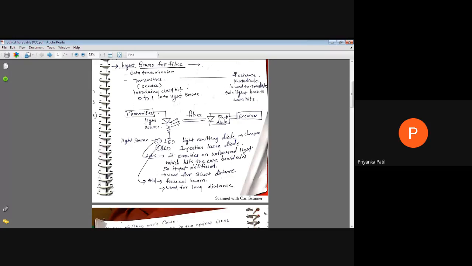Basically the LED is cheaper, but its disadvantage is that it provides unfocused light. Whenever the device generates unfocused light, it hits the boundaries of that particular fiber and gets diffused. So LED is not basically used for effective transmission.